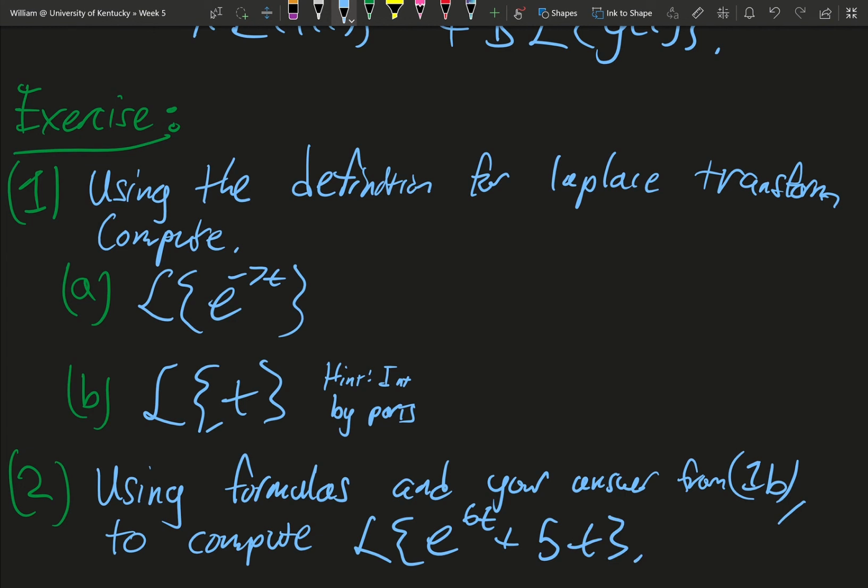So give those a shot, and make sure on all of them to also indicate for what s values it's valid.